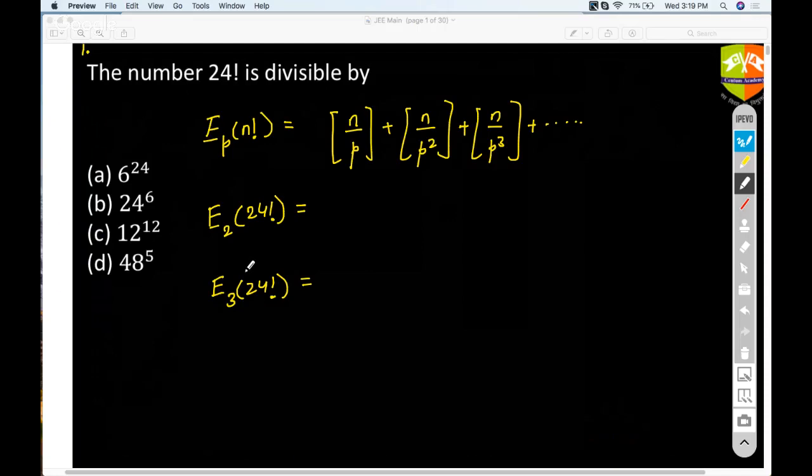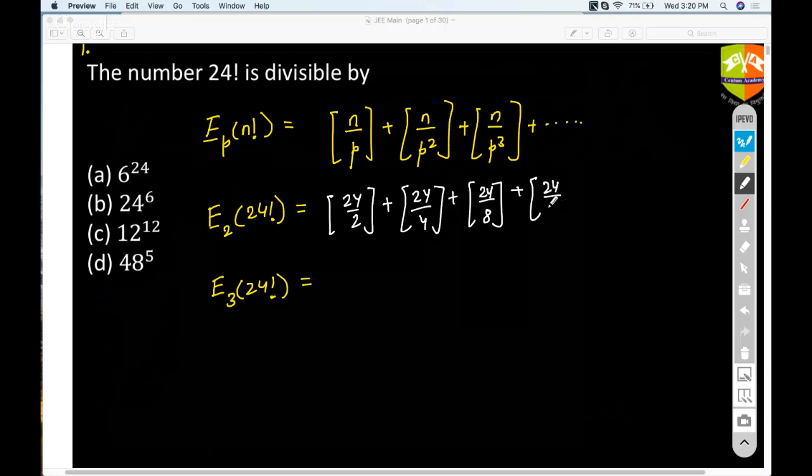So if I talk about E2 of 24 factorial, that would be 24 by 2, 24 by 2 square, 24 by 2 cube, 24 by 2 to the power 4, and beyond that there's no point going because I'll start getting zeros.